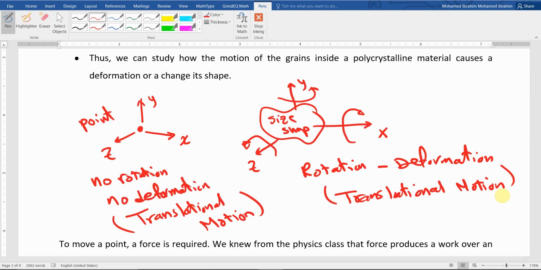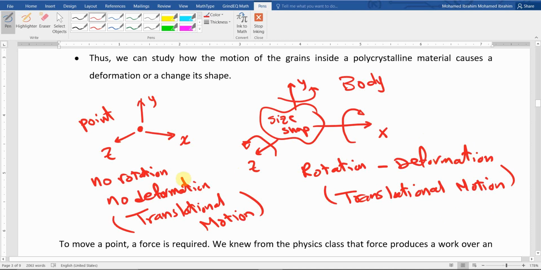A point can only move. Then we moved to rigid body motion. Since we are talking about a body, it should have a shape and size. So it would have translational motion and rotation, because we were studying rigid body motion. So it was just rotation plus translational motion. There was no deformation in the dynamics class.